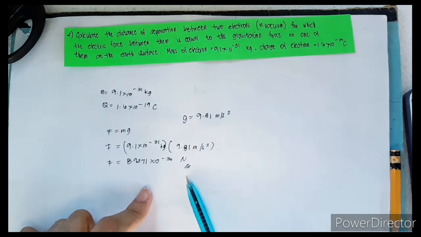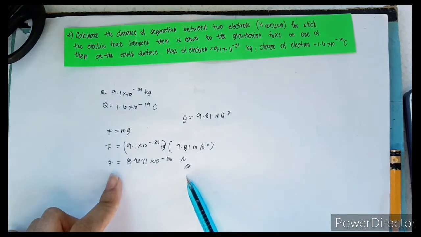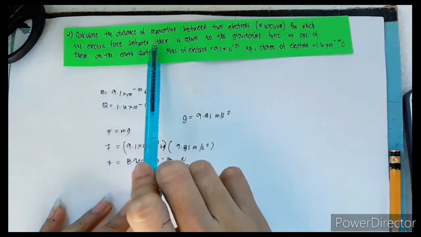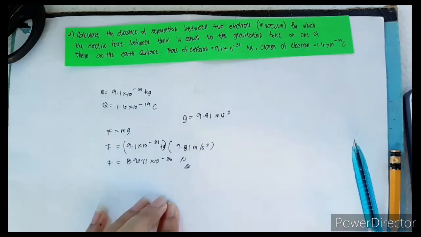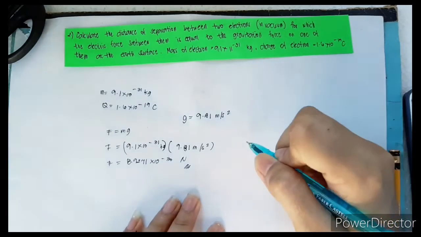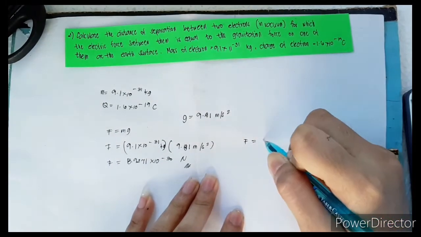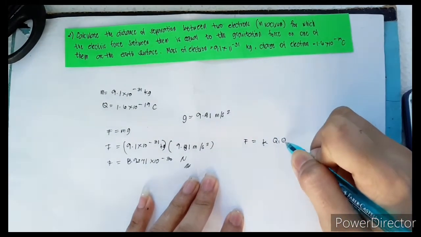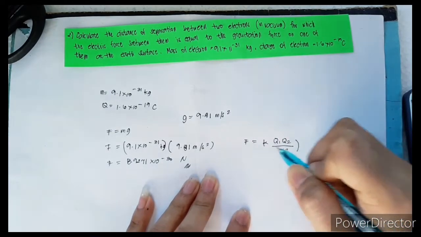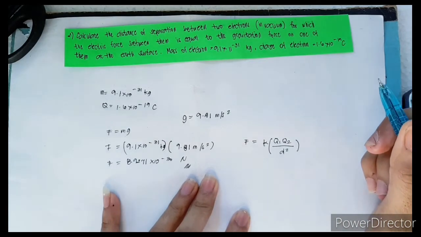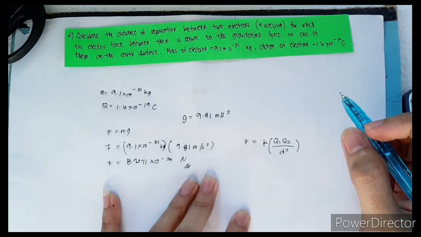And after getting the force, we'll be able to calculate the distance of separation between two electrons using the formula for Coulomb's law, which is F is equal to K times Q1 times Q2 over the square of the distance. What we are looking for is the distance of separation.